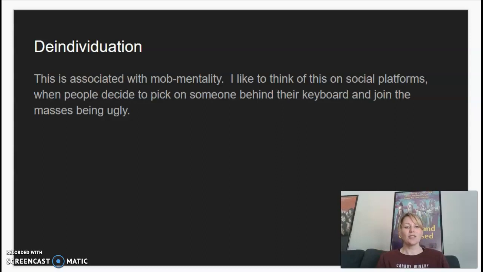Deindividuation. This is associated with the mob mentality. I like to think of this on social platforms. People get real gutsy behind their keyboard. And behind their keyboard, they can pick on people and join the masses of being ugly. On the flip side, they can also join the masses of being uplifting.